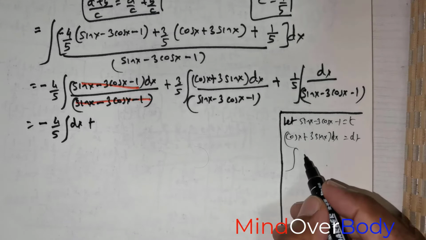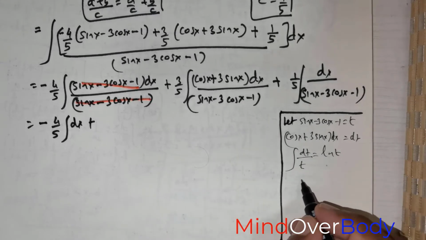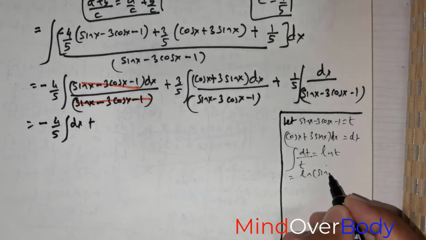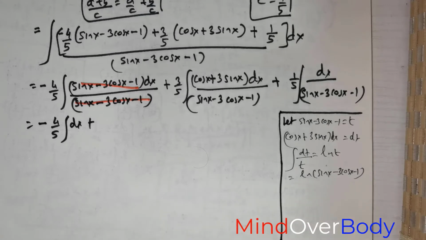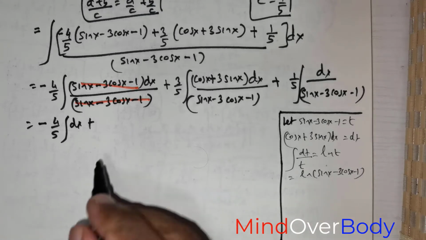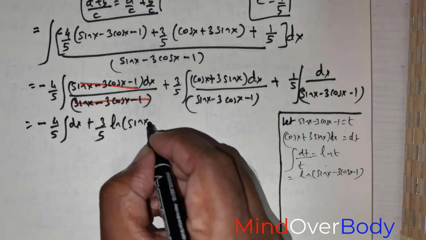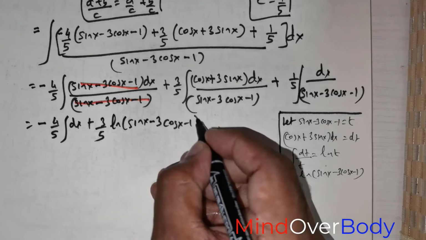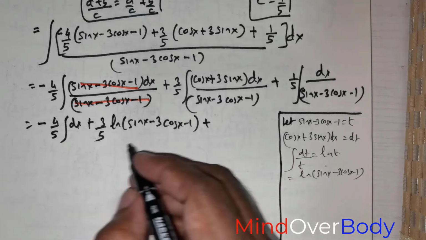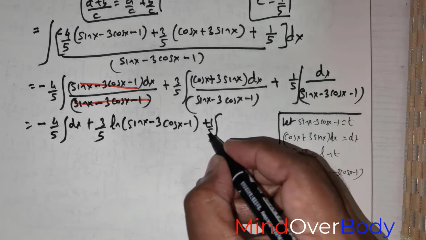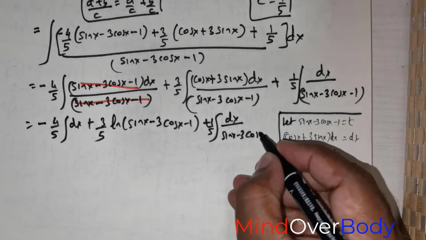So in place of the numerator I can place dt, in place of the denominator it's going to be t, so this is going to be ln t, and that is nothing but ln of sin x negative 3 times cos x negative 1. So that's exactly what I'm going to be placing there. So with 3 over 5 times ln of sin x negative 3 times cos x negative 1 positive. Now we will have to integrate 1 over 5 times dx over sin x negative 3 times cos x negative 1.